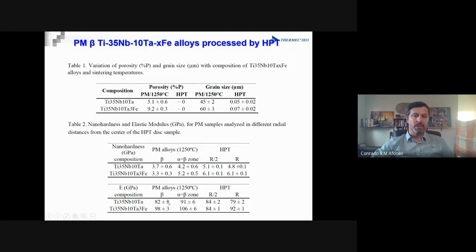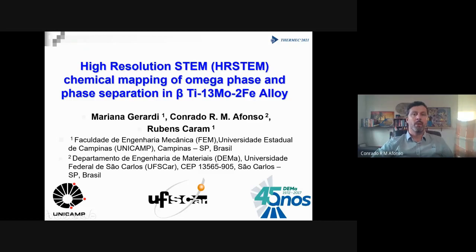So we had here from 80 to 100 gigapascal, and after HPT, we obtained some values smaller, such as the 79 gigapascal for the alloy without iron. Okay, so there was an increase in the hardness and a decrease in the elastic modulus due to the obtaining of a nanostructure.